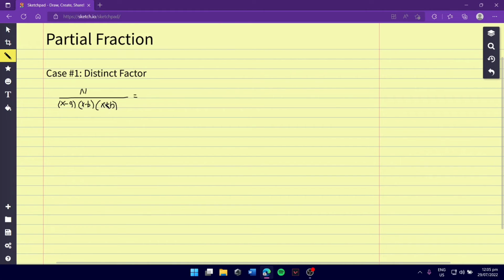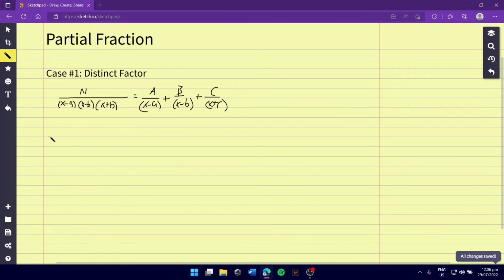So we can rewrite that as a over x minus a, and then add it with b over the second term, x minus b, and then add that to your third term, c over x plus c. So this is now your formula.